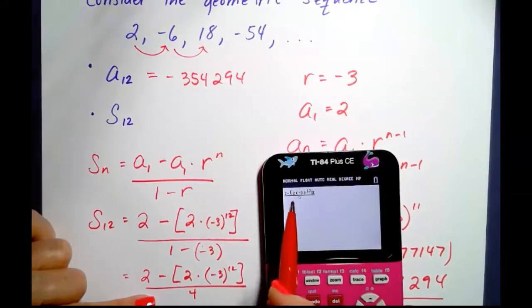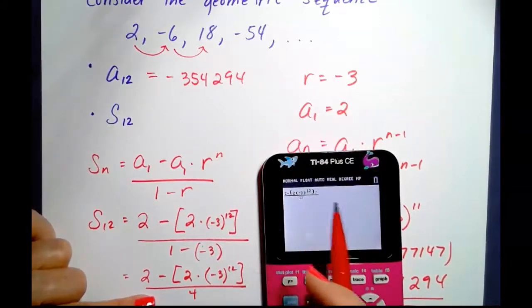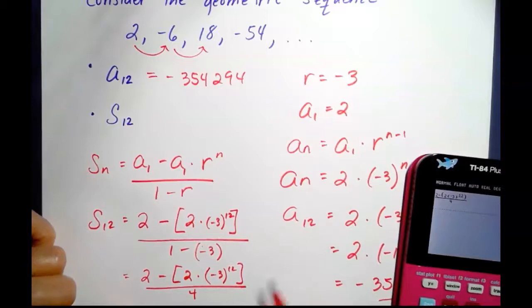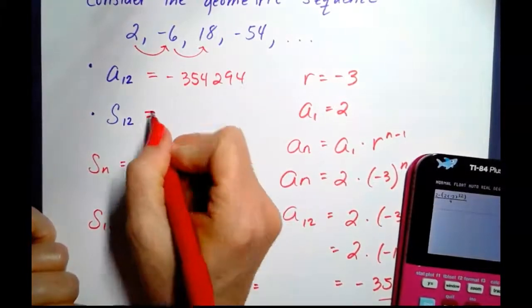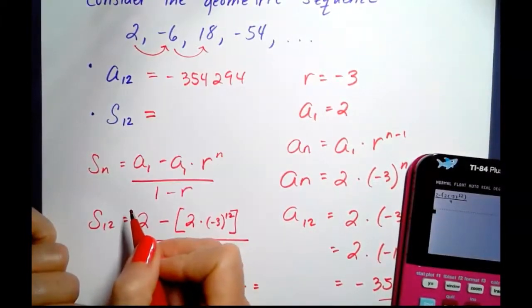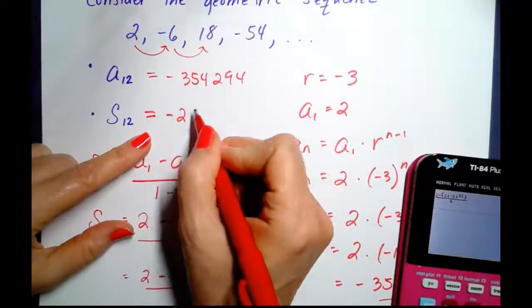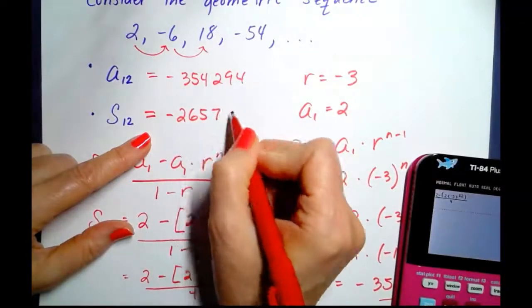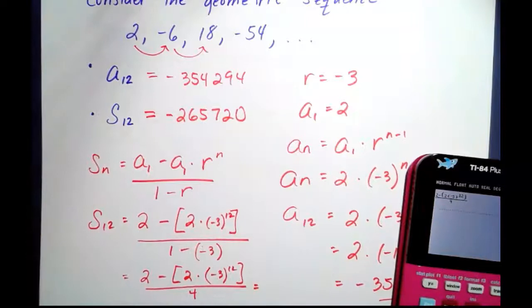Then two sets of parentheses are open, so be sure to close them. Open, open, close, close. That's good. Go down to the bottom, over 4 gives us our answer. So the sum of the first 12 terms is -265,720.